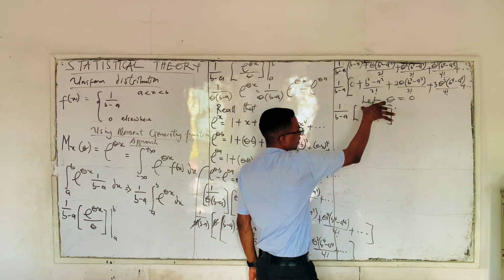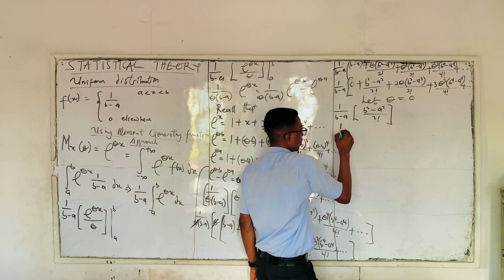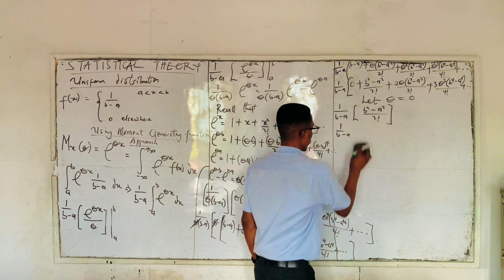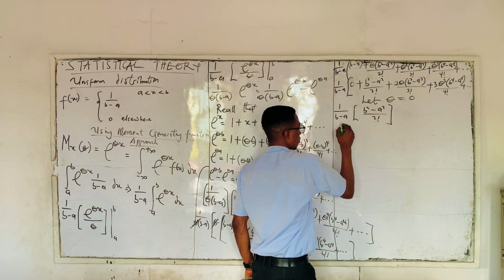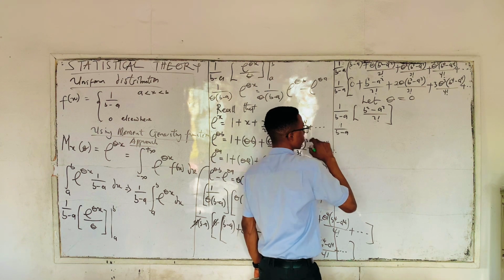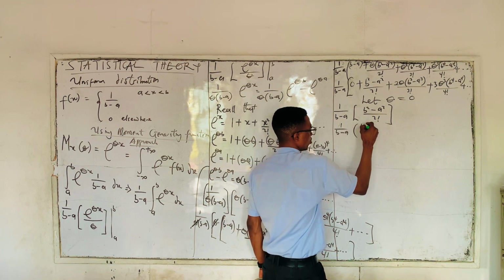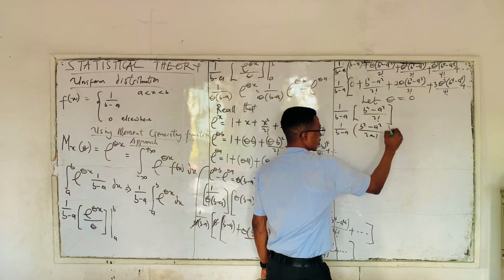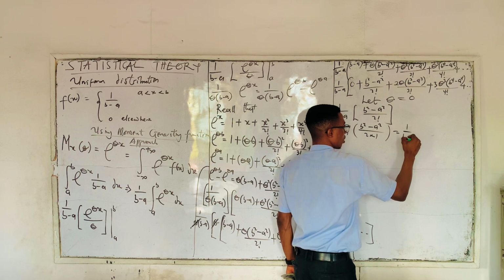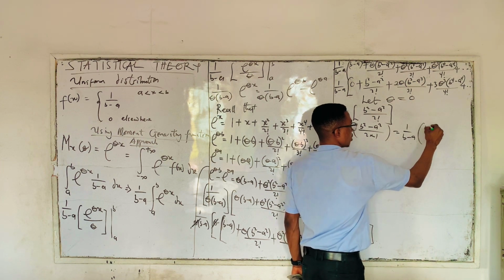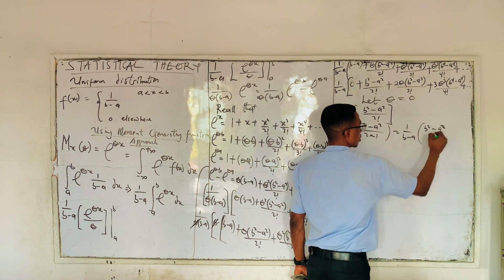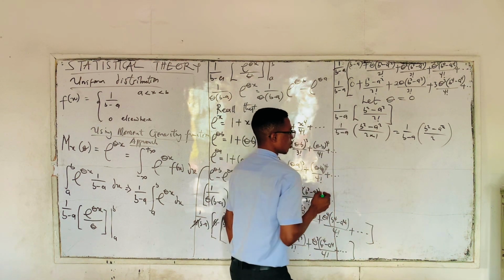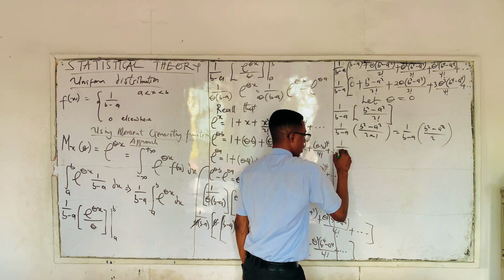Now, we can express this as what? As 1 over b minus a, b squared minus a squared over 2 factorial is 2 times 1, which is equals to what? 1 over b minus a into bracket b squared minus a squared over 2. Now, we are left with what? 1 over b minus a.